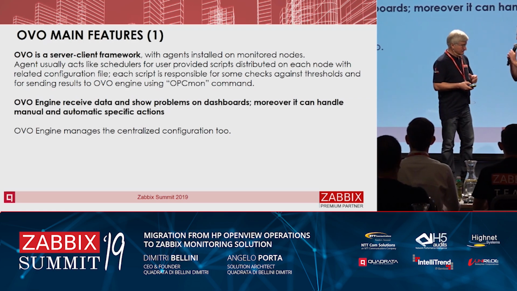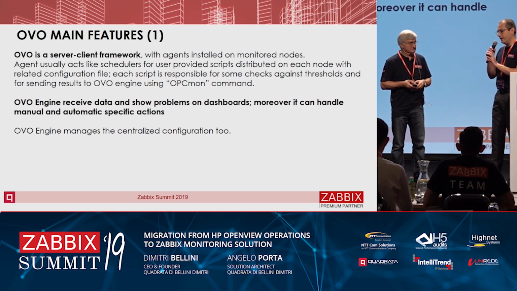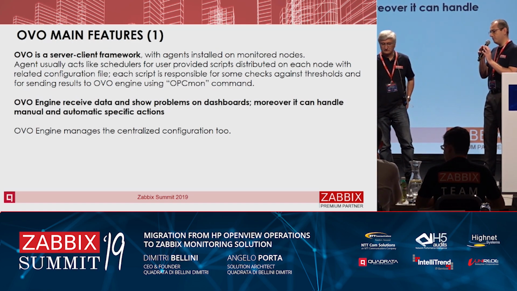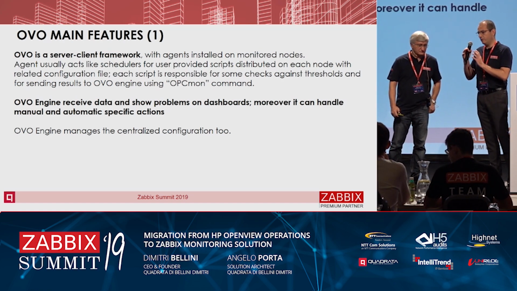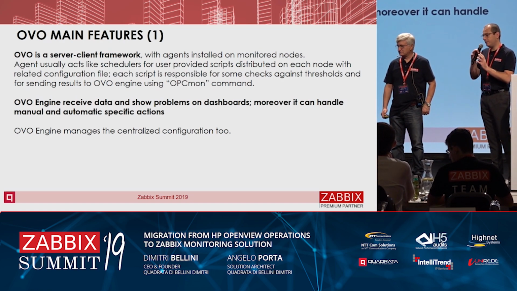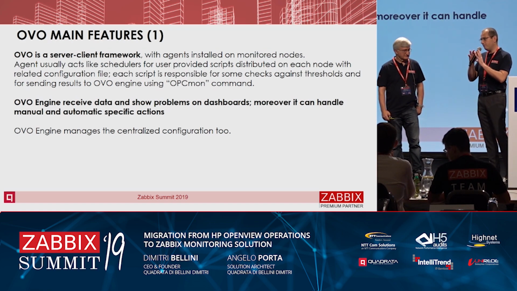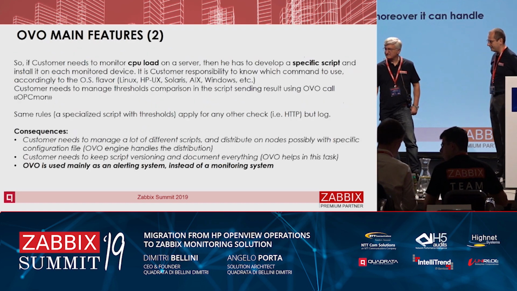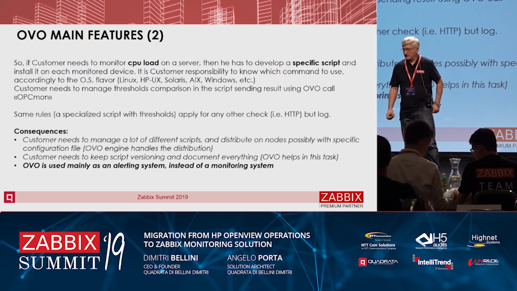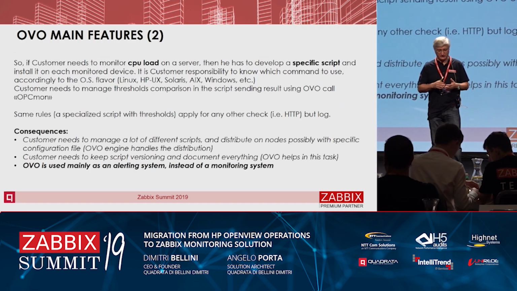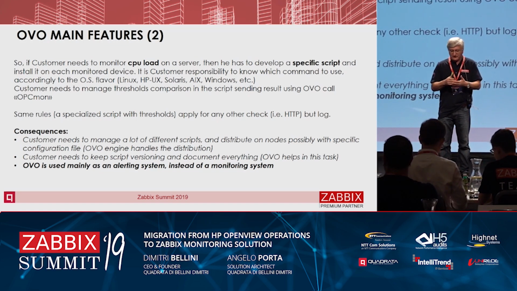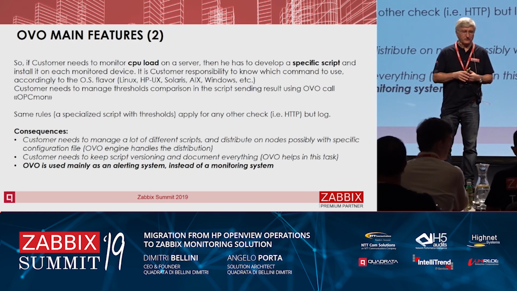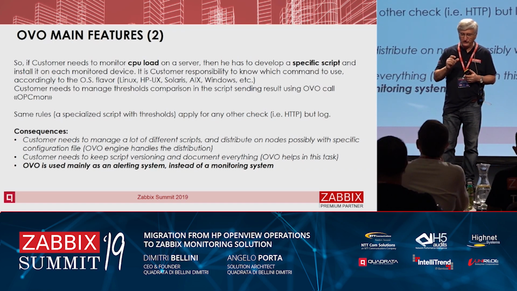I only want to put a comparison. Nagios is very similar to how OpenView works. Most of the scripts inside Nagios are comparable to how OpenView works. Okay, what are the consequences of this? I need to prepare some scripts, and the script does not send the data, only the alert.